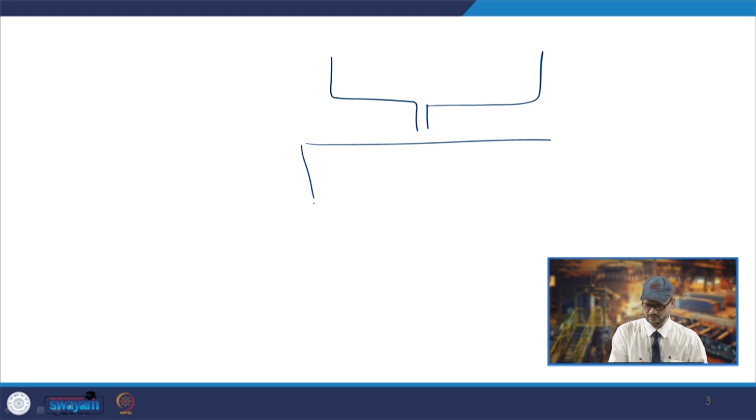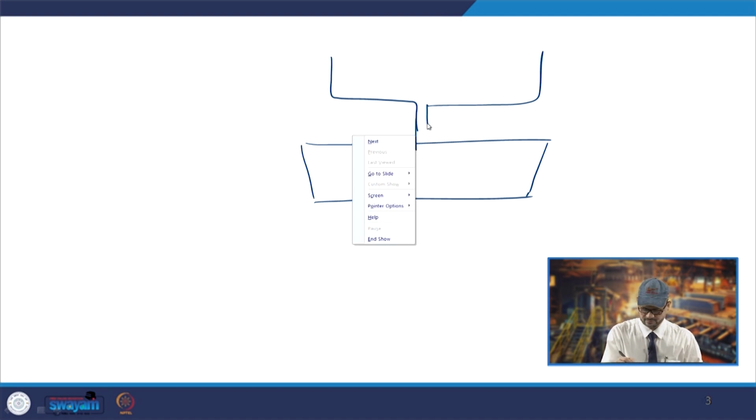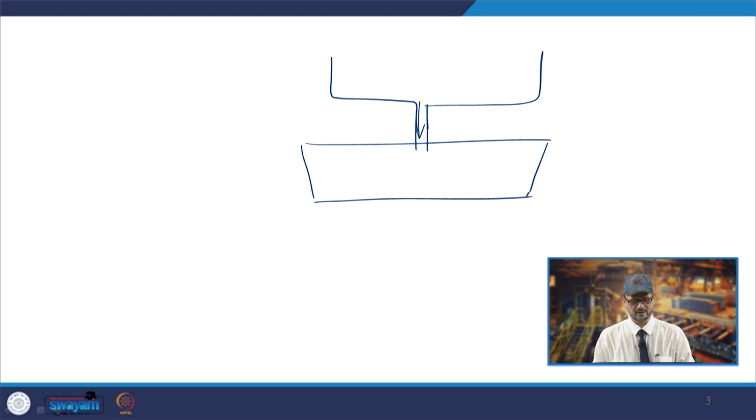This will be your Tundish, and there will be entry of liquid metal from the ladle into the Tundish, and then you have the outlets. These are the exit ports of the Tundish.